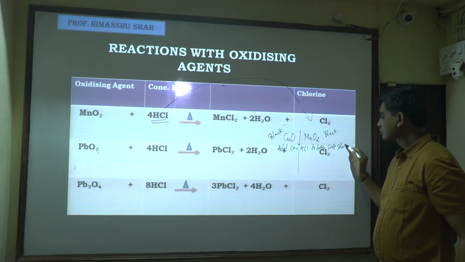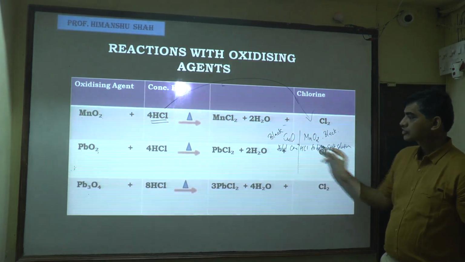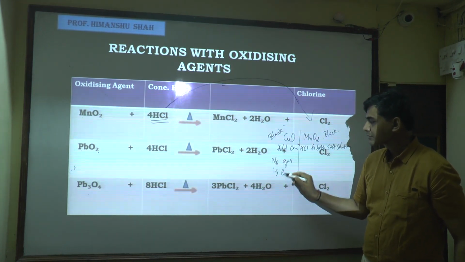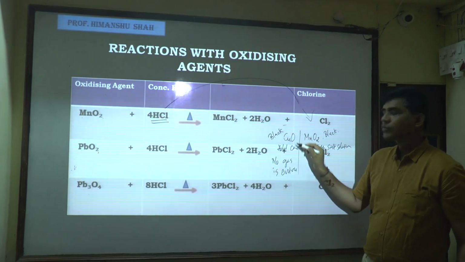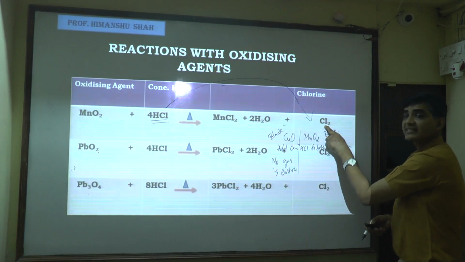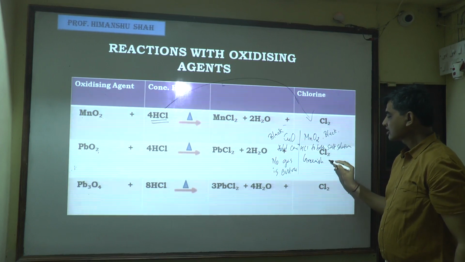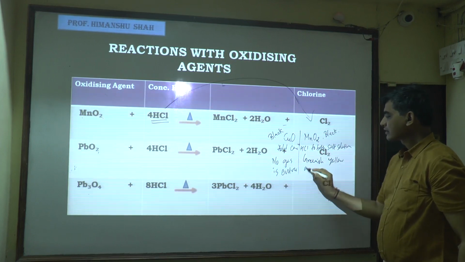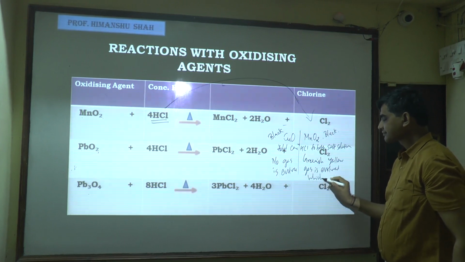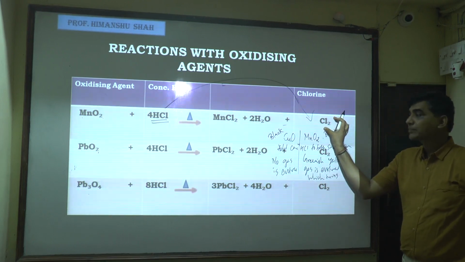When you add concentrated HCl, here no gas is evolved, because CuO plus HCl gives salt and water, but MnO2 gives out a greenish yellow gas, which turns moist starch iodide paper blue black.